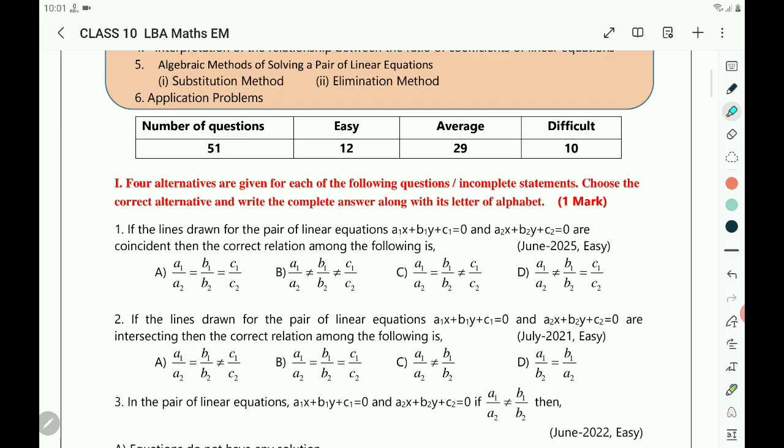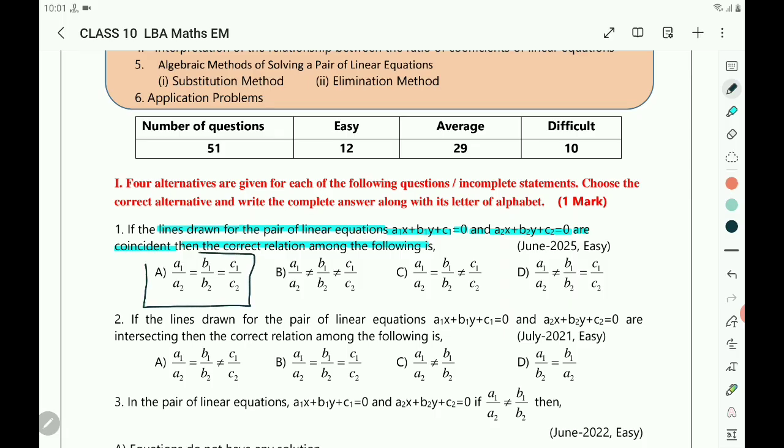MCQ questions. First question: If the lines drawn for the pair of linear equations a1x + b1y + c1 = 0 and a2x + b2y + c2 = 0 are coincident, then the correct relation among the following is. Coincident lines means they have infinite number of solutions.